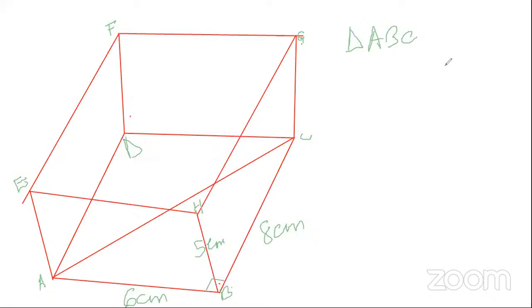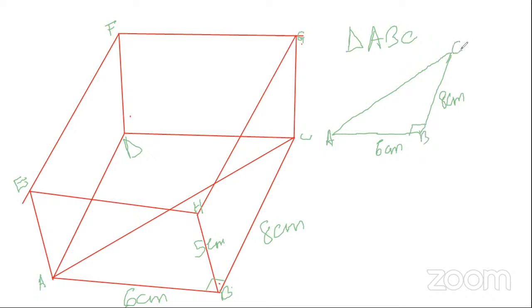So when it has a right angle, how do we use that to find the missing side? If this is 90, this is 6, and this is 8, which law do we use? Pythagoras theorem. So this is A, this is B, this is C.